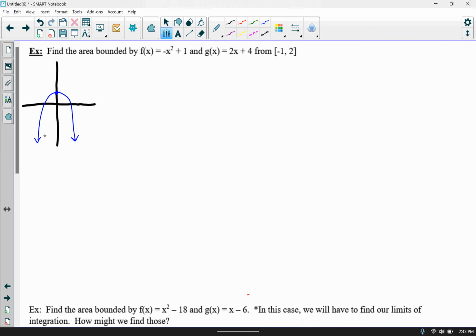And then g of x is equal to 2x plus 4. So that's a linear line. Here's 1, 2, 3, 4, and then you go up 2 over 1, so it looks something like this. I want the area between these two curves bounded from -1 to +2.